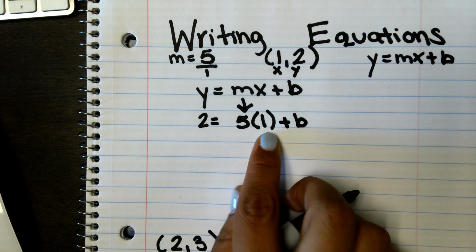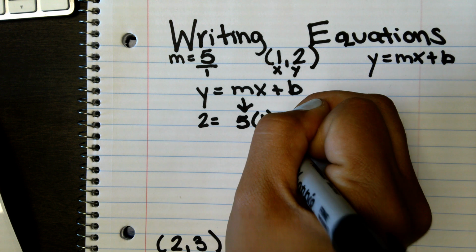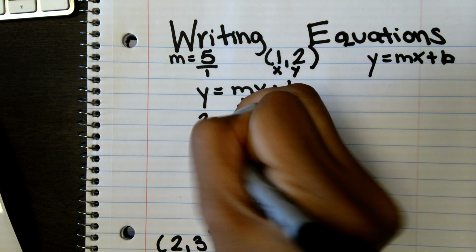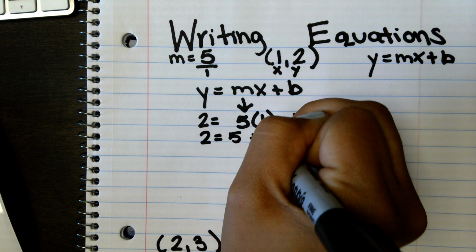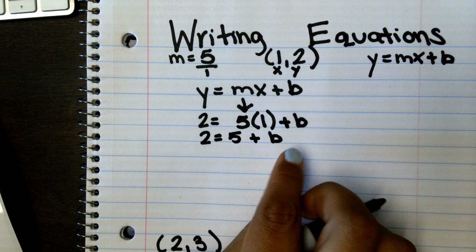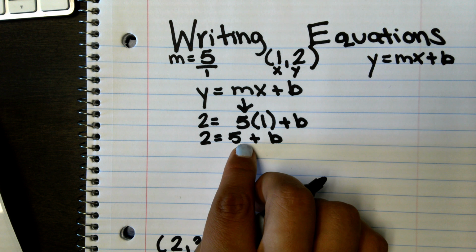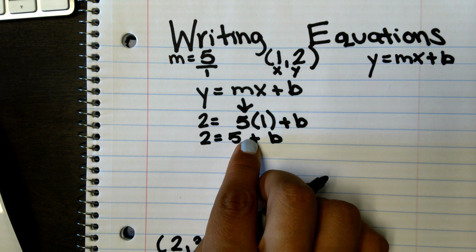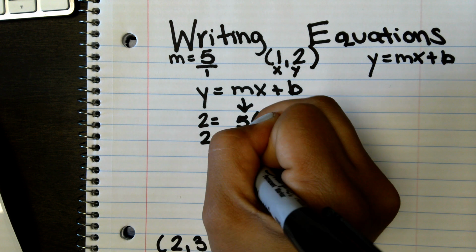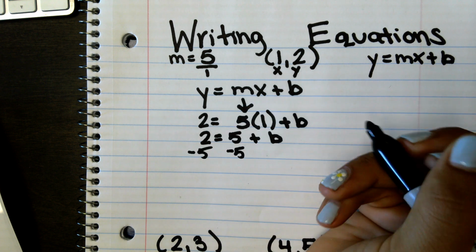We sure can. So 5 times 1 is just 5. So we have 2 equals 5 plus b, and we're trying to get b by itself. We're trying to find out what it is. So how can I get rid of this positive 5? Using my inverse operations, I can subtract 5.